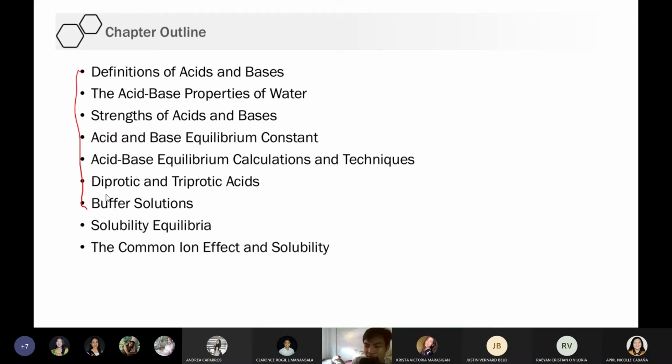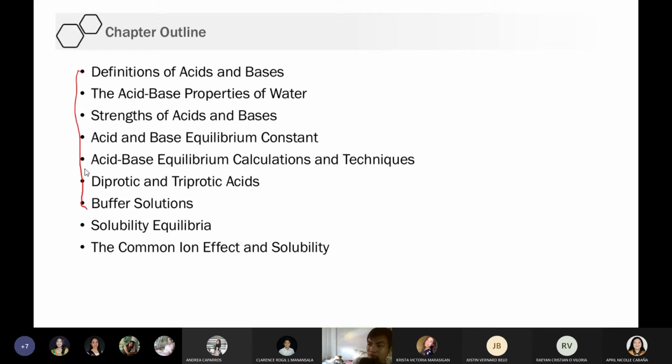And for phosphoric acid, tatlo yung dissociation niyan, H3PO4. And each of those stages are characterized by different Ka values. So, yun yung kailangan nyo i-take note.